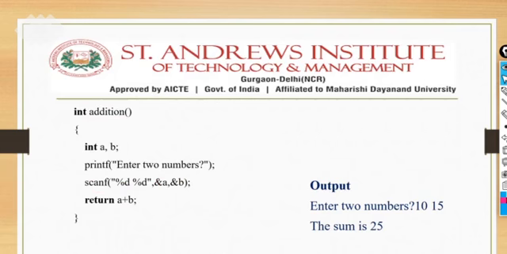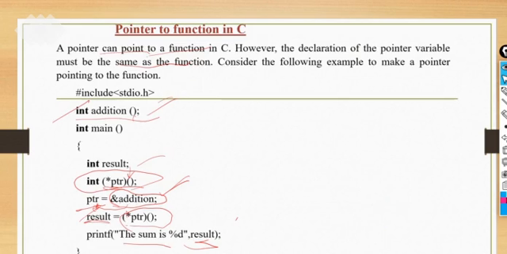How will the addition function execute? The compiler always goes to main and allocates the memory for the result, and the next memory it allocates for PTR. PTR has the address of addition.